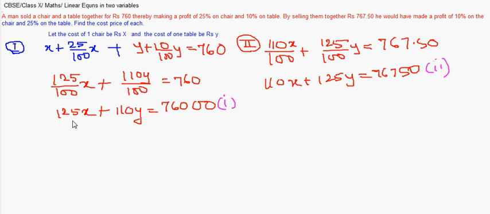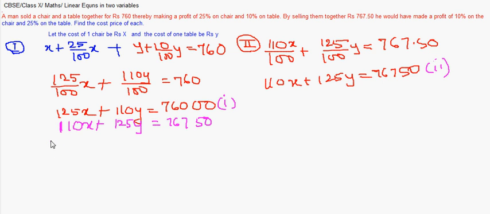Dividing the whole equation, or if I take this here, 110x plus 125y. See, there are various methods of solving this kind of equations. You can reduce the whole equation by, suppose, 10 or 5 or so, and then start solving.